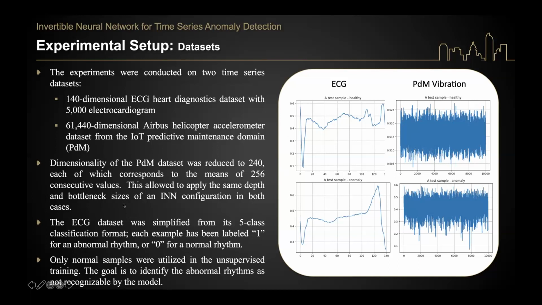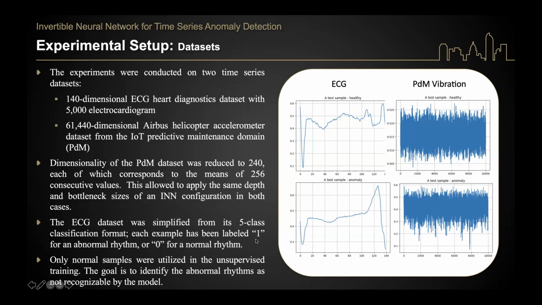The ECG data set is actually a classification data set, which was not our point. Our point is not the classifier, but we massaged this data set to become suitable for an autoencoder type of architecture. So basically, we simplified it.